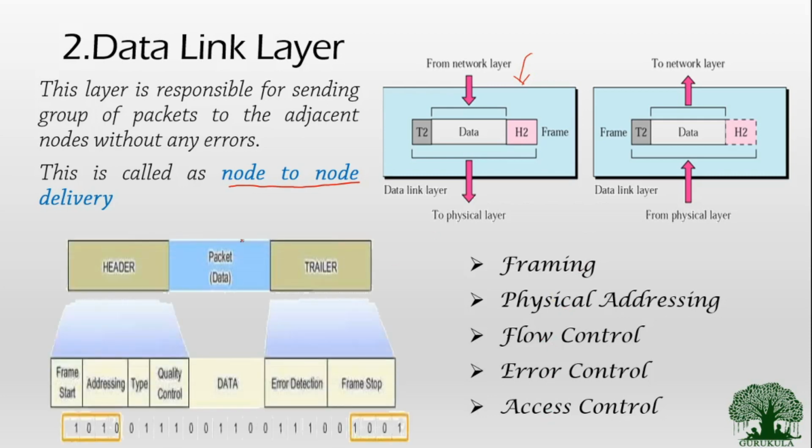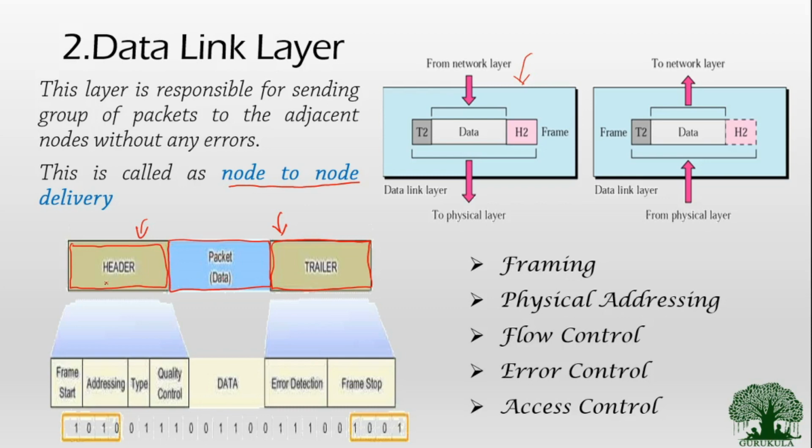Framing is nothing but the addition of redundant bits. We call them the header and the trailer. As you can see in the figure, a header and then a trailer are added to our actual data. The process of adding redundant information to our actual data is what we call framing. Why do I need to frame a particular data?